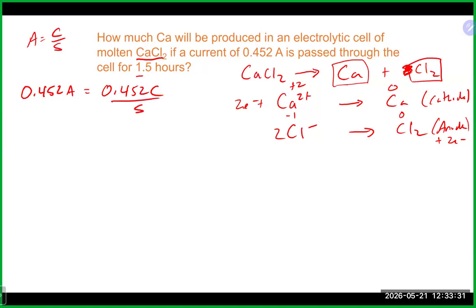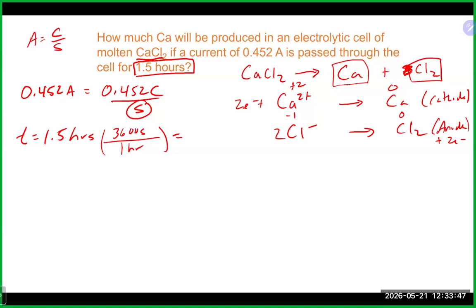The time we're running this for is 1.5 hours. To make sure everything cancels correctly, I'm going to turn my hours into seconds. In 1 hour there are 3,600 seconds, so 1.5 times 3,600 is about 5,400 seconds.